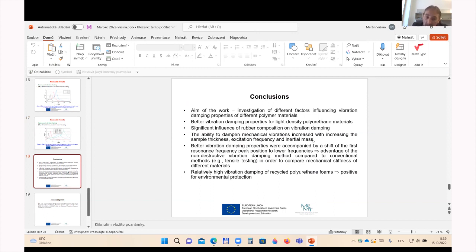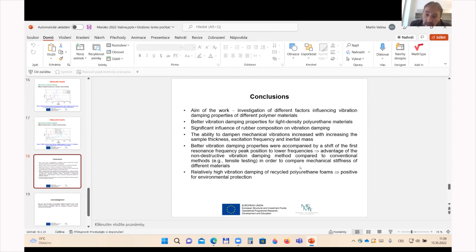It was also found that the rubber composition has a big influence on vibration damping. It was found that the vibration damping properties increase with increasing sample thickness, excitation frequency, and inertial mass. The vibration damping properties were compared based on the first resonance frequency.